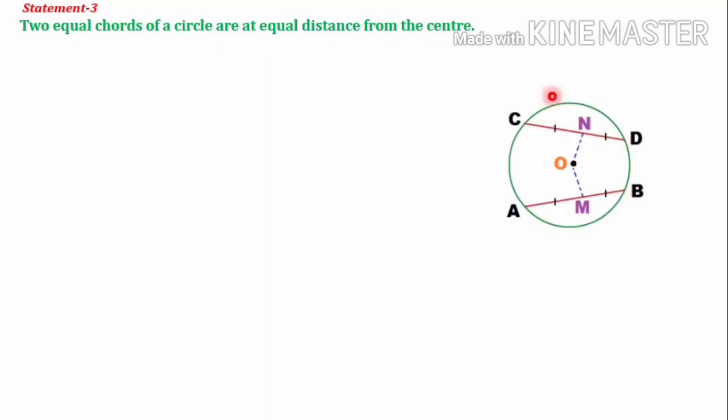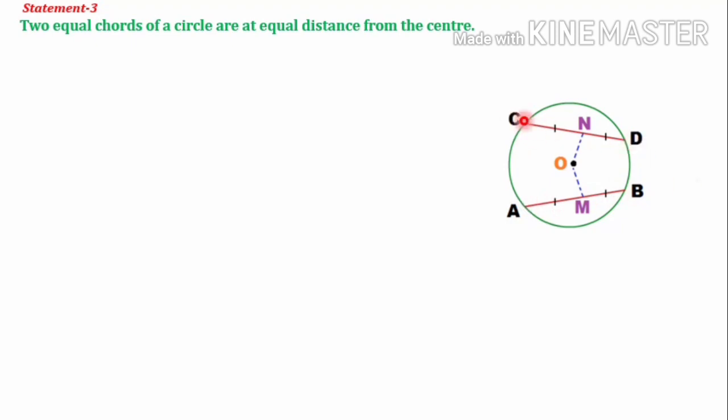Next we shall discuss the next result, that is statement number 3. Two equal chords of a circle are at equal distance from the center. Here there is a diagram. Two equal chords: here AB and CD are the chords because A and B endpoints are on the circle, and in CD the endpoints are also on the circle.